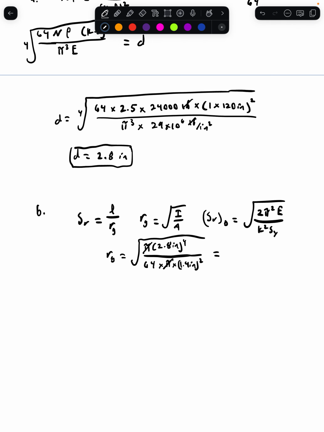I guess I could have written this in radius form, and then one of my radiuses would cancel, but so 2.8 to the fourth. So this is going to come to 0.7 inches. Then our slenderness ratio is the length of the column, which was 120 inches, or 10 feet, divided by 0.7 inches. That's going to be 171.43.